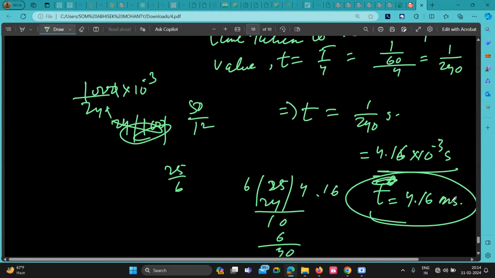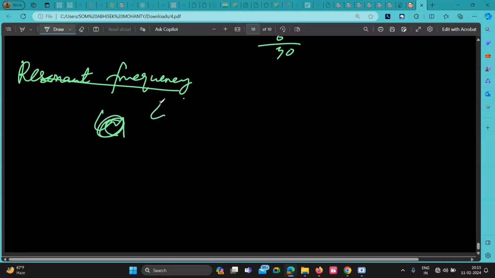Do you know what is resonant frequency? What is resonant frequency? It is at the time when your inductive reactance is equal to capacitive reactance.